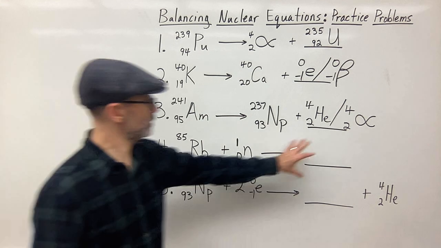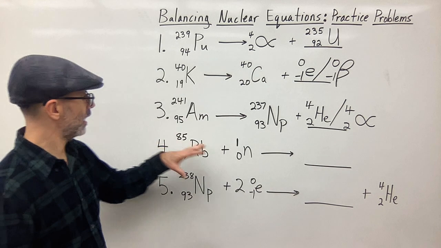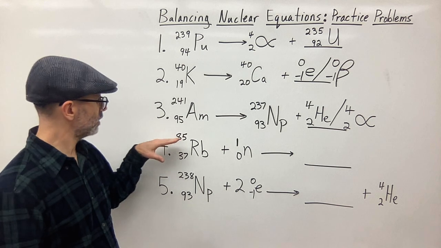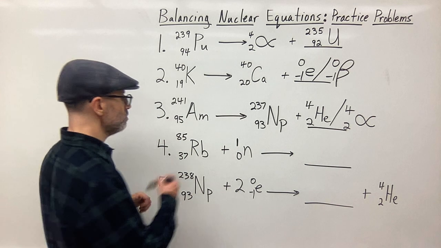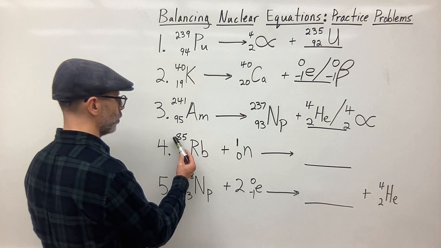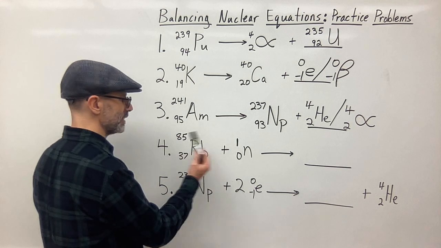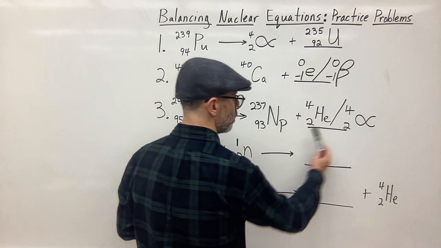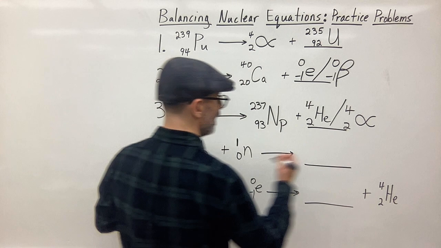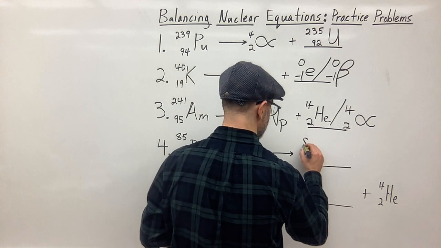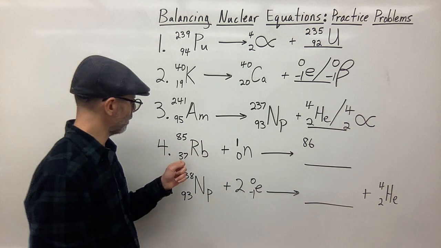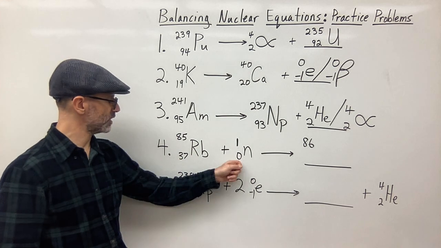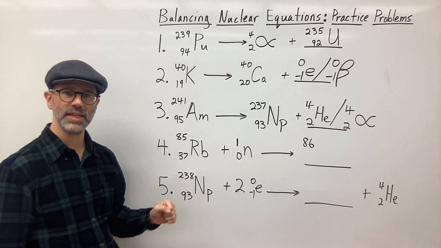Okay, so whatever this particle is, it's got to be the total of this side here. So what's the total on this side? 85 plus 1 is 86. So this particle should have a mass number of 86, because they have to equal each other. And the same thing, I have 37 and 0, so that's a total of 37.